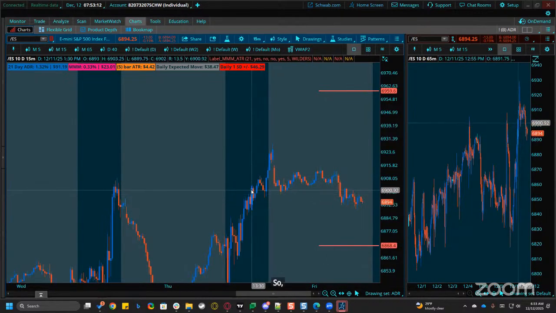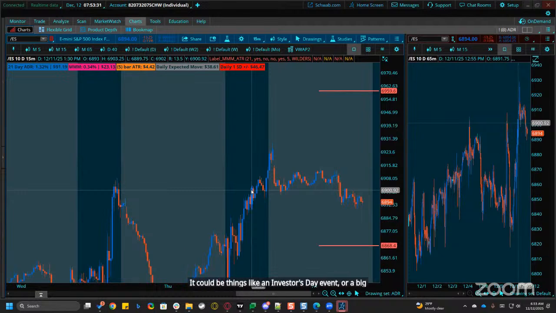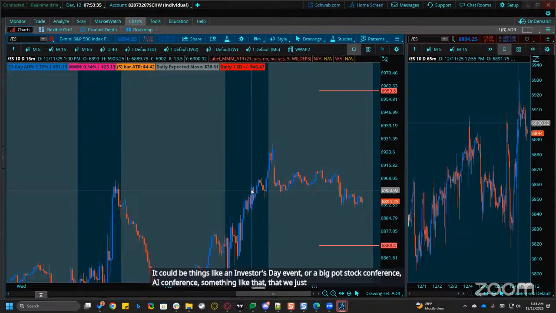So the main takeaway is that when we see this signal, we need to be concerned about some event. Call timeout, take a look around, dig a little deeper to see, is there some news that wasn't on the website? It could be things like an Investors Day event or a big pot stock conference, AI conference, something like that that we just didn't see in the economic news schedule.